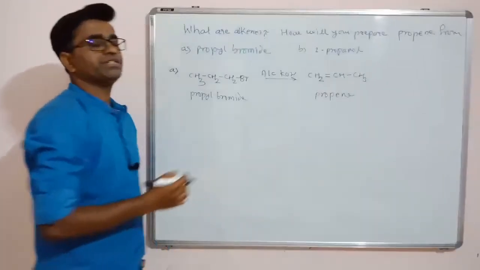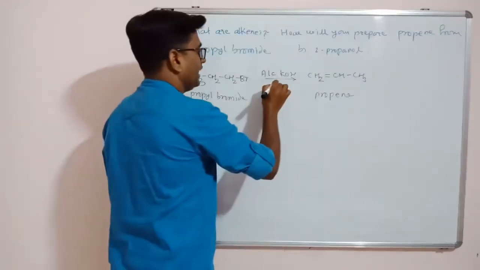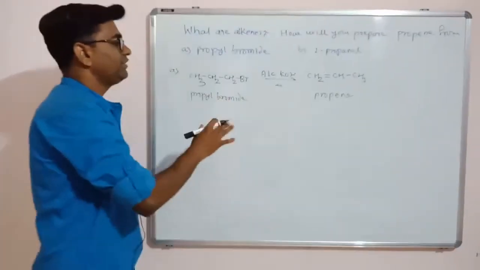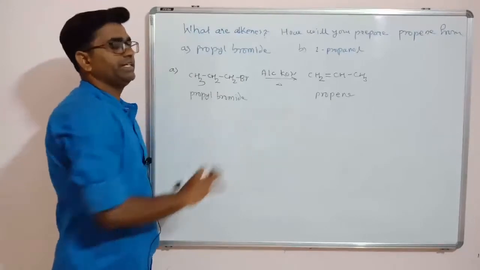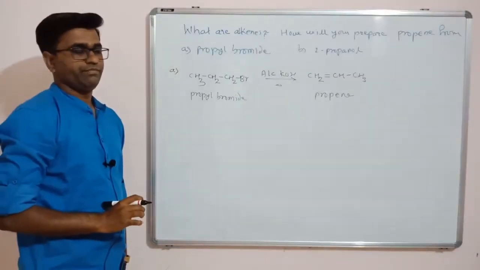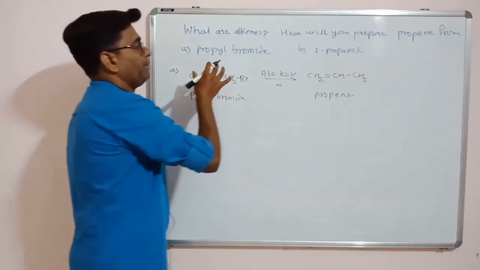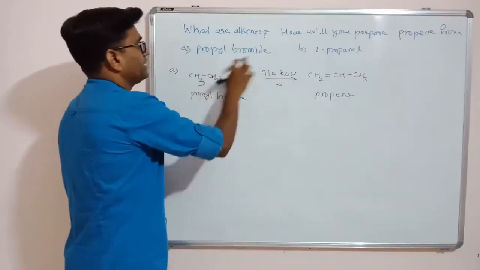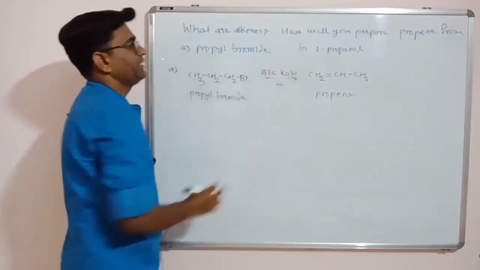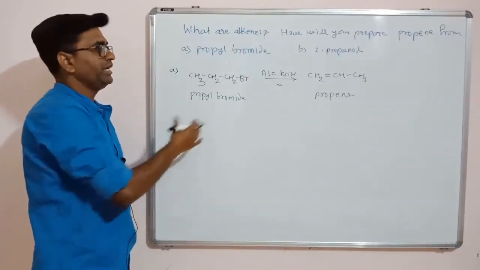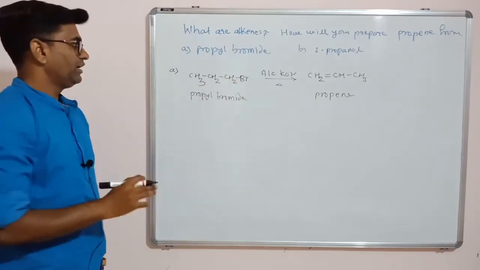Alcohol means C2H5OH. Then you have to heat. So this is the reaction and you have to rewrite this reaction in the examination. So propene can be synthesized from propyl bromide by elimination reaction, and you may explain this reaction also.